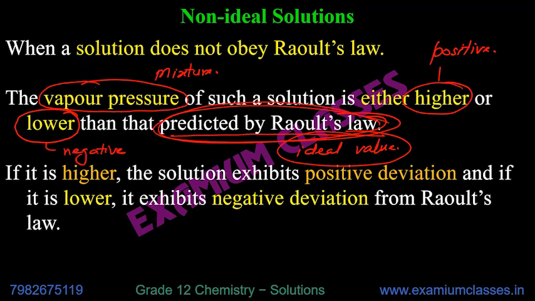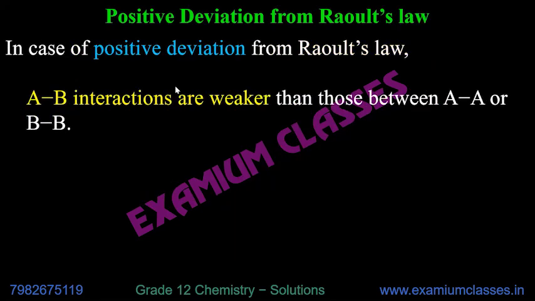And why it is related, that's what I am going to explain now: why it is higher or why it is lower. To understand this, it depends on whether the force of attraction between the A and B molecules in the resultant mixture is greater than AA and BB, or less than AA and BB.